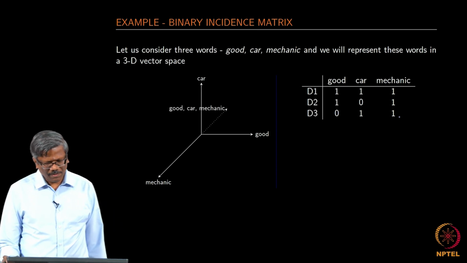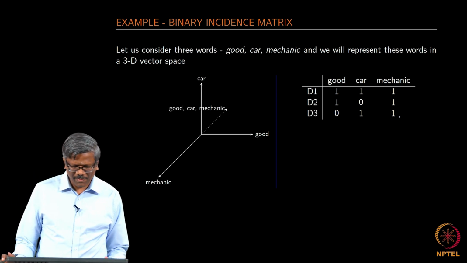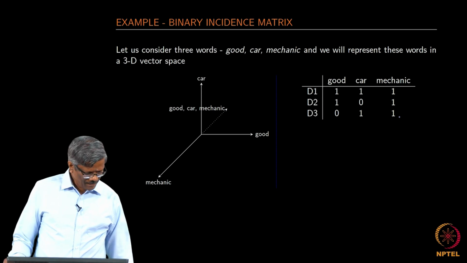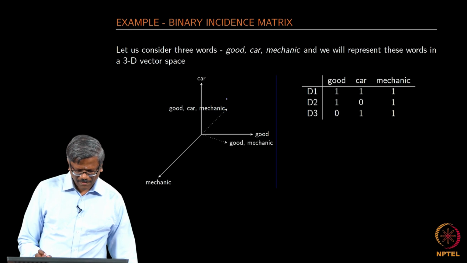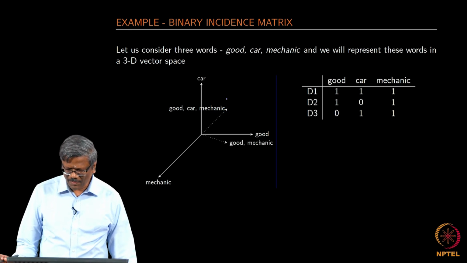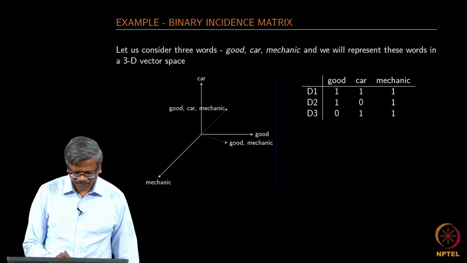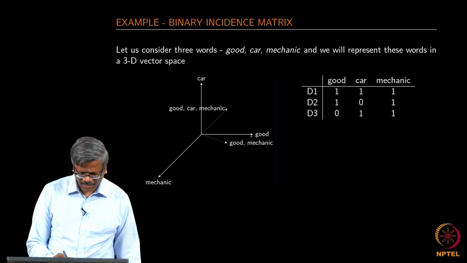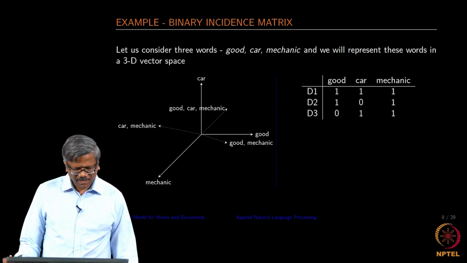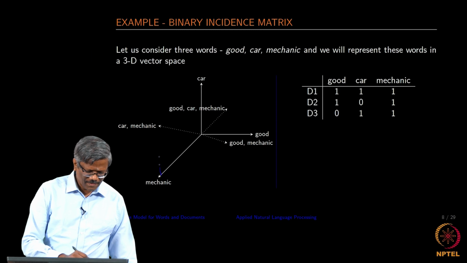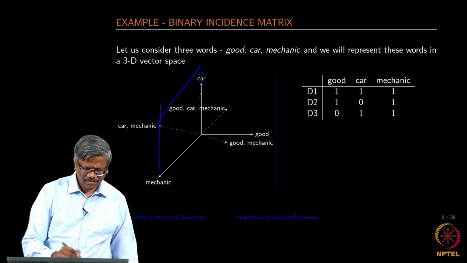So, if you want to represent document 1 in that 3-dimensional space, it is going to be here, right. And then if you want to represent good and mechanic, it is going to be between these 2 axes, good and mechanic here, and then car and mechanic in this space, correct.